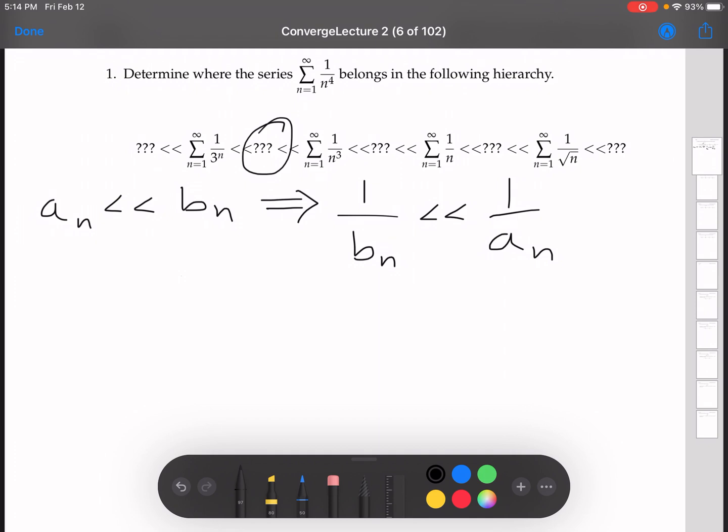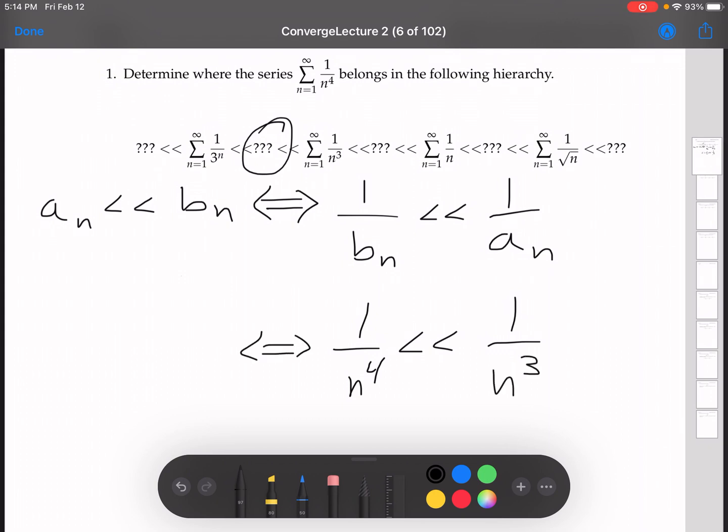So using this same idea here, and this goes both ways, that's what this double arrow means. Our idea was we had 1 over n to the fourth, and our intuition told us that was less than 1 over n cubed.